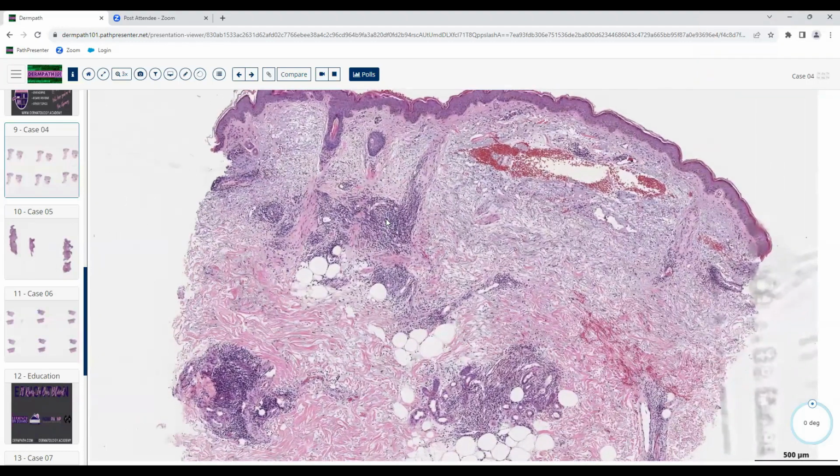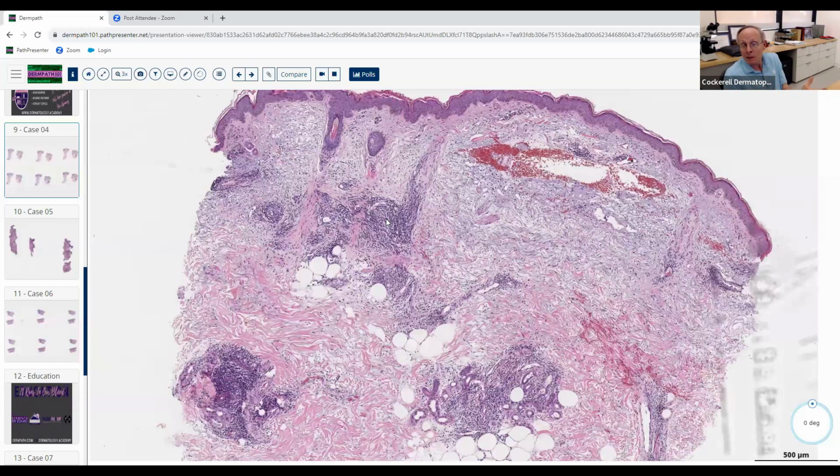Lyme disease. Good. And when you think of Lyme, throw in there the other gyrate erythemas. So when we think of Lyme, you mean erythema chronicum migrans, and erythema annulare centrifugum, which can be associated with individuals that have underlying cancers and things of that nature. So that all goes into that category. Lyme will often give you lymphocytes and plasma cells.